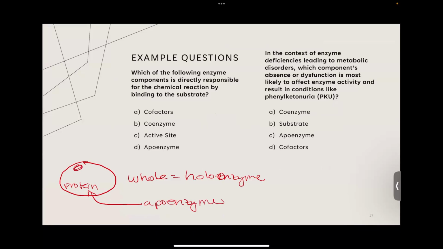The part that it needs to function, like the iron in hemoglobin, a non-protein helper part, we call that the cofactor. If it is organic, we call it the coenzyme.